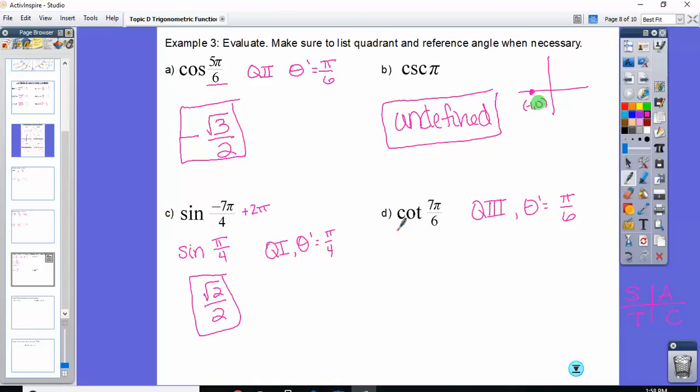Pi over 6, if you fold in your 30-degree, your pi over 6 finger, that's your index finger. Tangent is the square root of the top over square root of the bottom. So cotangent would flip those. So square root of the bottom, so I have 3 fingers below, over the square root of the top, I have 1 finger above. And we just get radical 3.